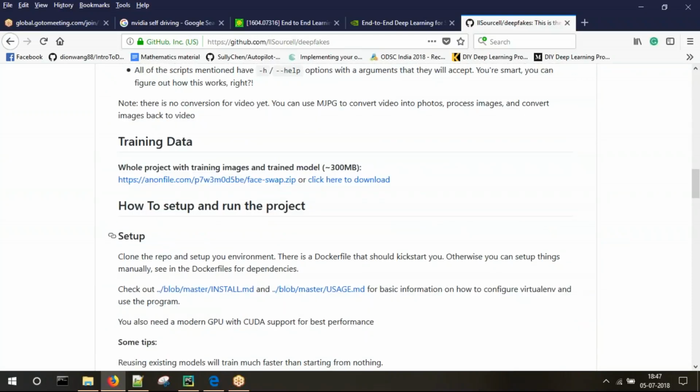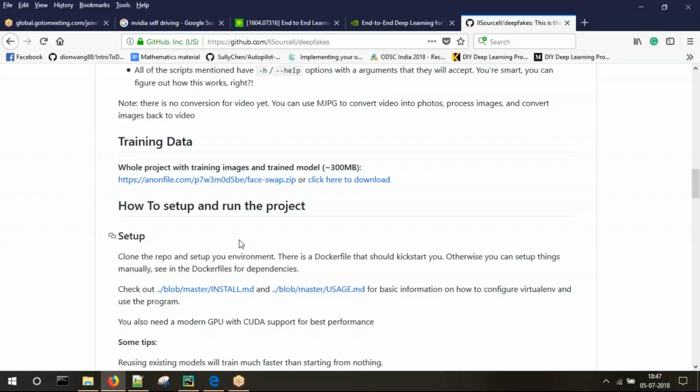Also, the most important thing is that you can differentiate between a real video and a fake video, or some video that has already been tampered with. This is a good practice, because a lot of videos and photos have been morphed. So this model actually differentiates between the two.